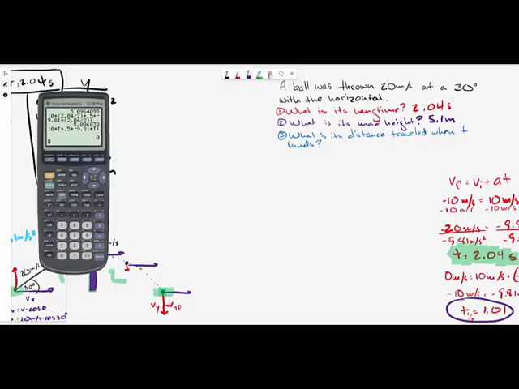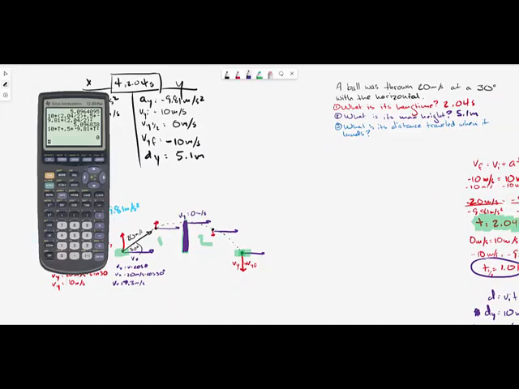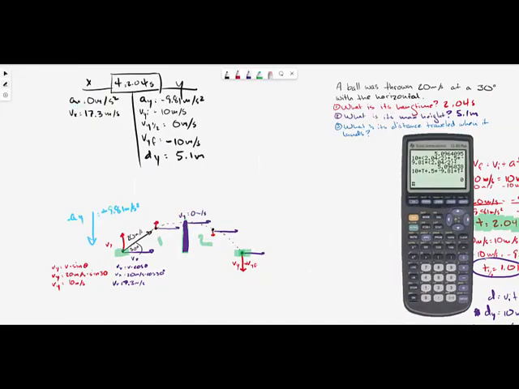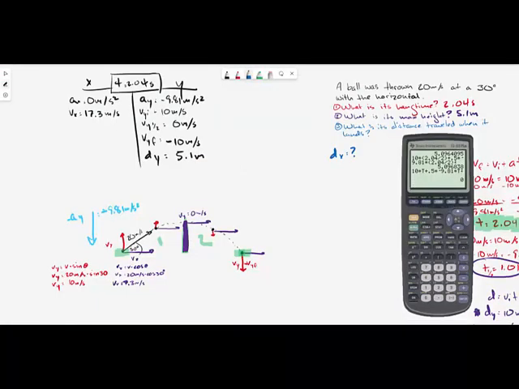Now, what's the total distance traveled when this thing lands? So if we want to find the total distance, or let's say dx, let's do this in blue, right? We're looking for the dx. What's that equal? Now, you could use the distance equation here. Distance is equal to velocity initial times time plus 1/2 at squared. Now again, we're using x components for this.